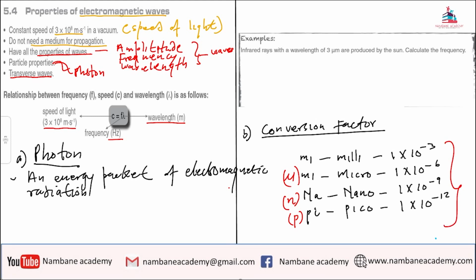Ladies and gentlemen, all these conversion factors are needed because remember, when we work with electromagnetic waves, at times they are very short such that they can give us a very high frequency. So the representation thereof will be given in a form of conversion factors. So it is important for us to understand how to convert.